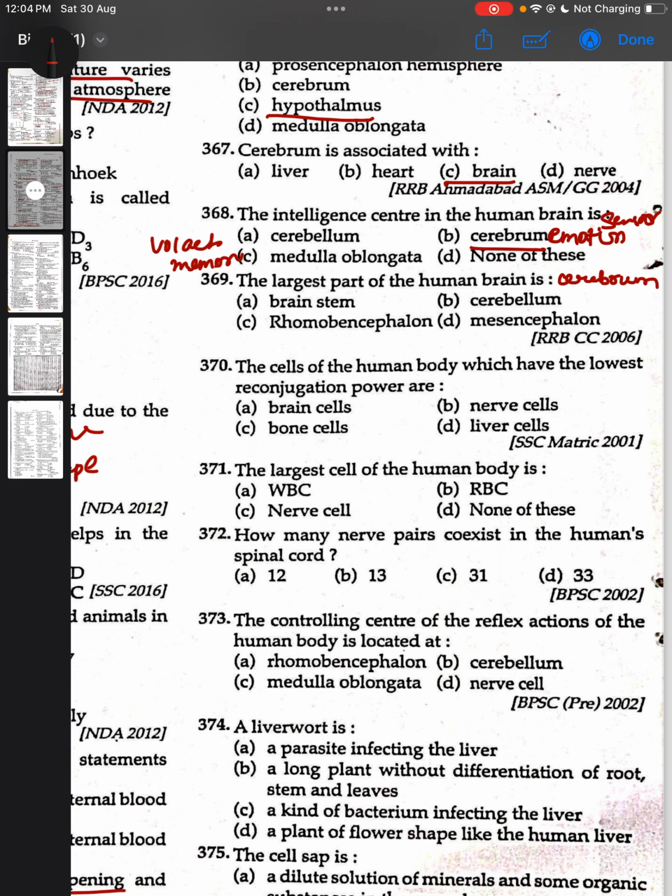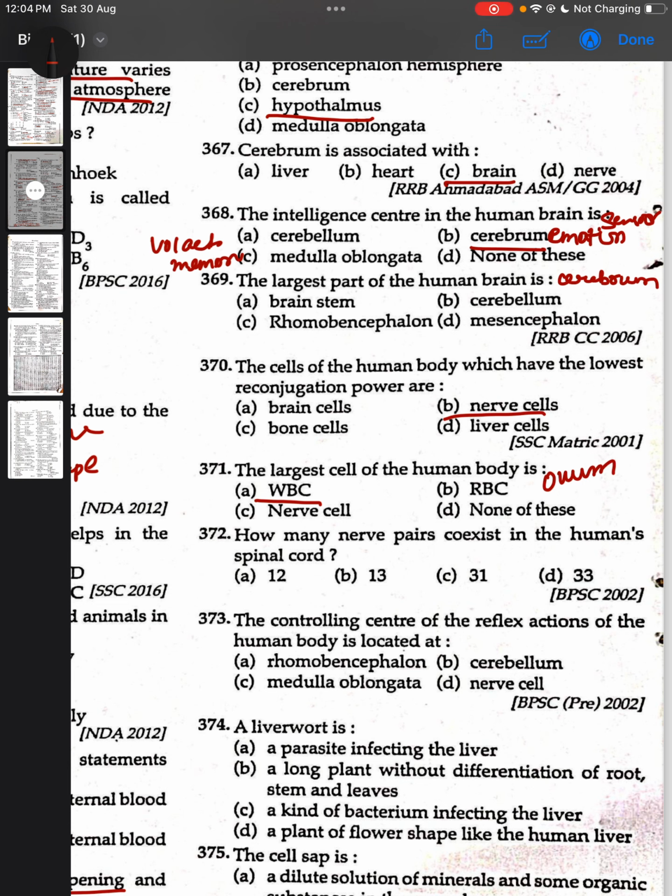The cell of the human body which has the lowest regeneration power is the nerve cell. The largest cell of the human body is WBC. Out of all these, overall the largest cell is the ovum.